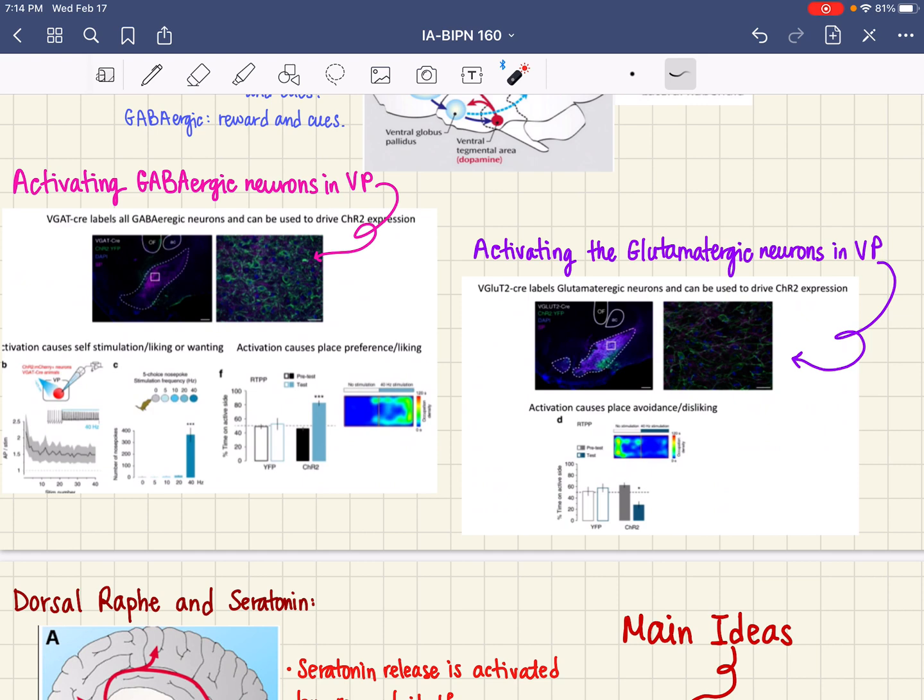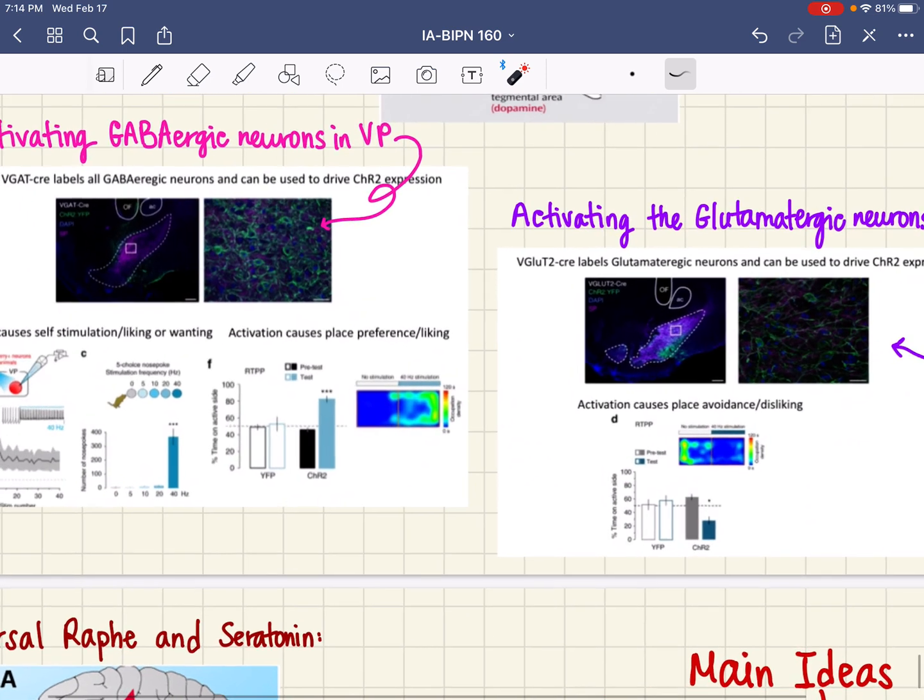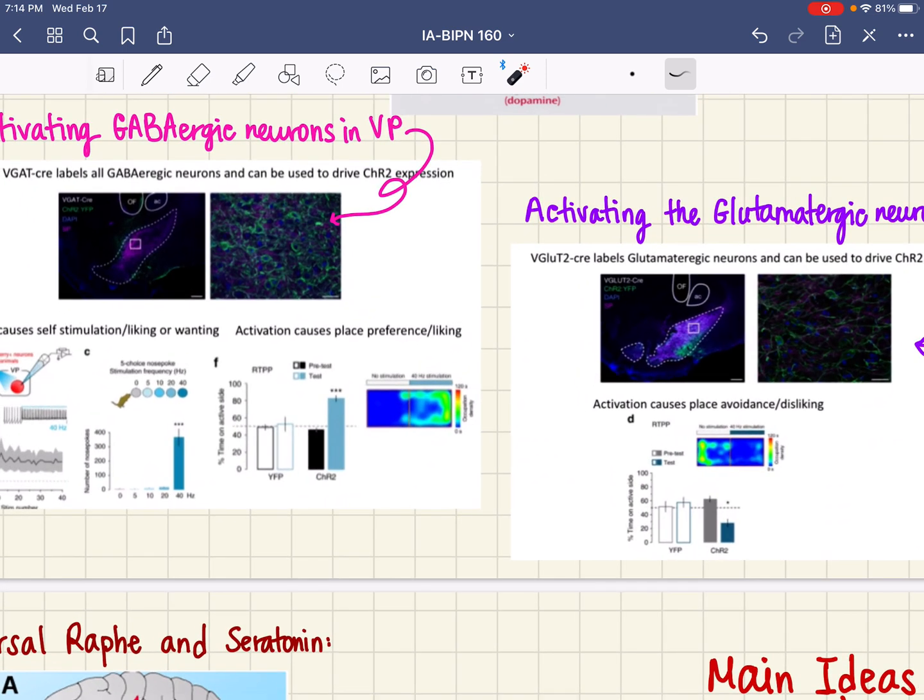And then another part that Dr. Root mentioned was this part, and this is just localization for the mouse. So if this right side of the box is an area where they shined a high frequency of light, activating the channel rhodopsin in the brain of the mouse, which will in turn activate the GABAergic neurons, then you see how the mouse would spend a lot of its time in this area of the box because it liked the feeling it got when the GABAergic neurons were activated in its brain.